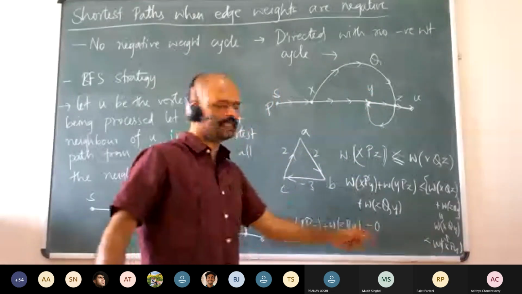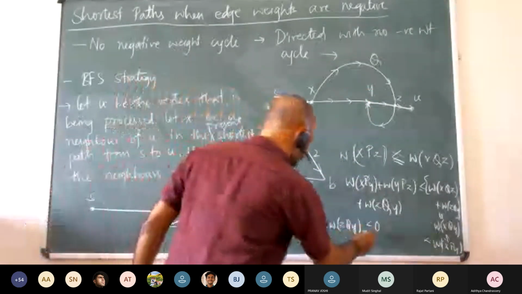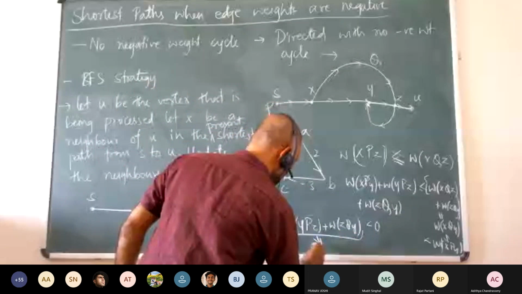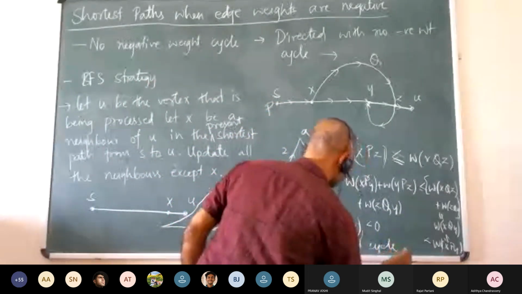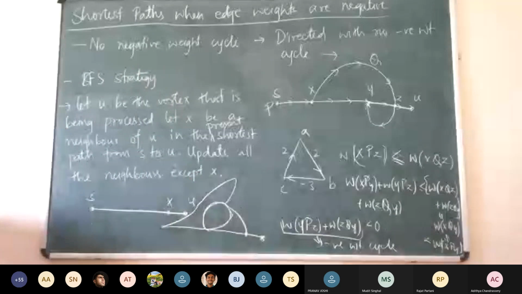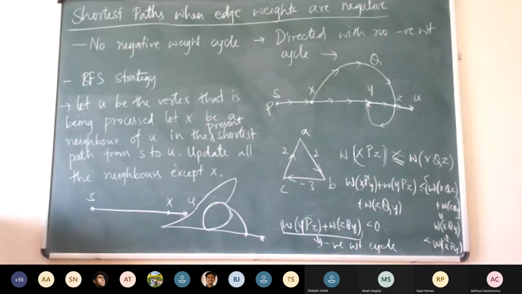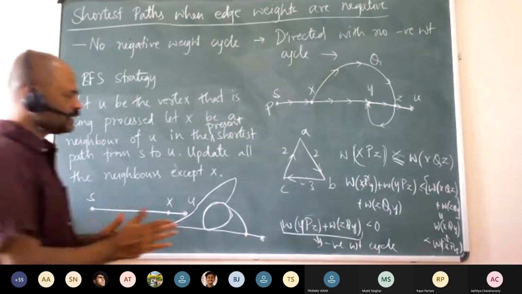And the weight of that cycle is less than 0, right? So this implies a negative weight cycle. This is a negative weight cycle, right? Which is a contradiction to our assumption that the graph does not contain any negative weight cycle. Is that fine?